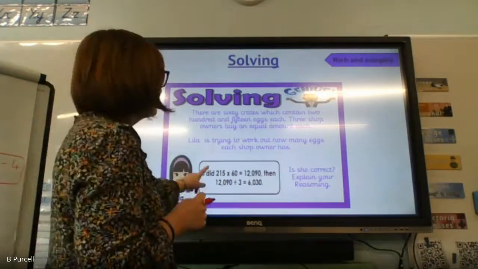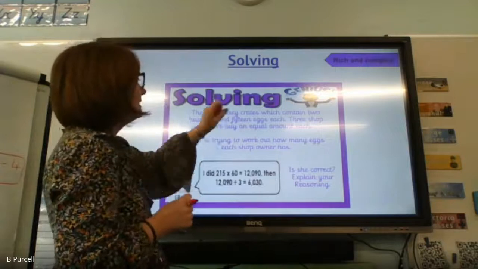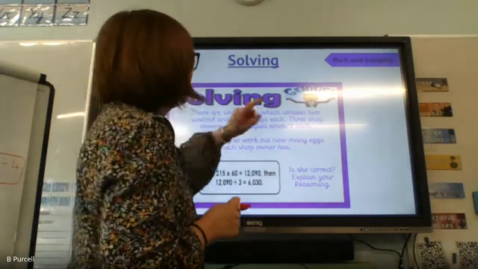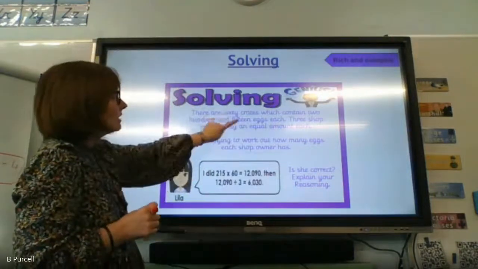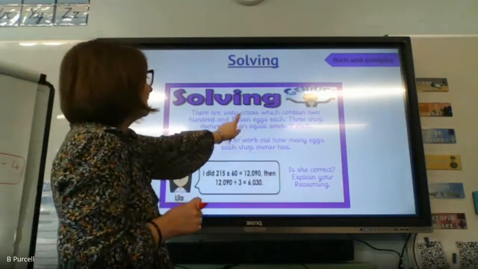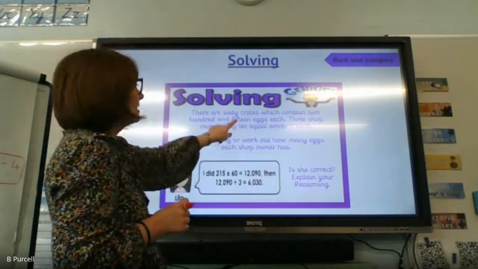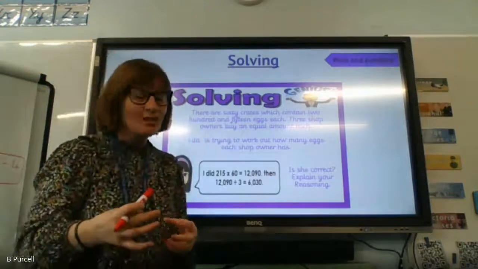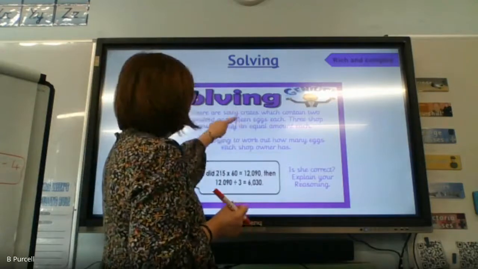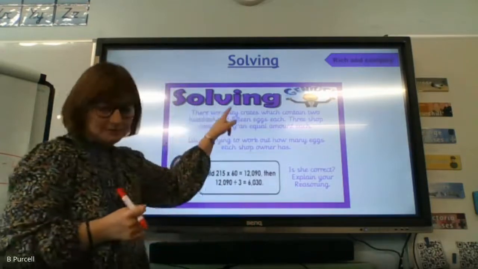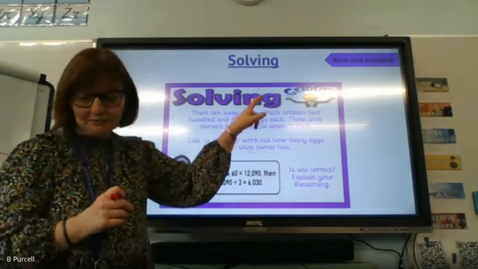And she first multiplied, there were 60 crates which contain 215 eggs, which is correct because she's got 60 crates and they contain 215 eggs. So to find out how many eggs are in total, you need to multiply 215 by 60, which she has done.